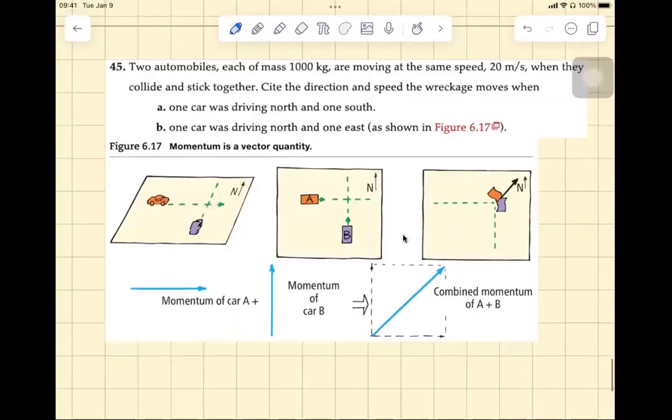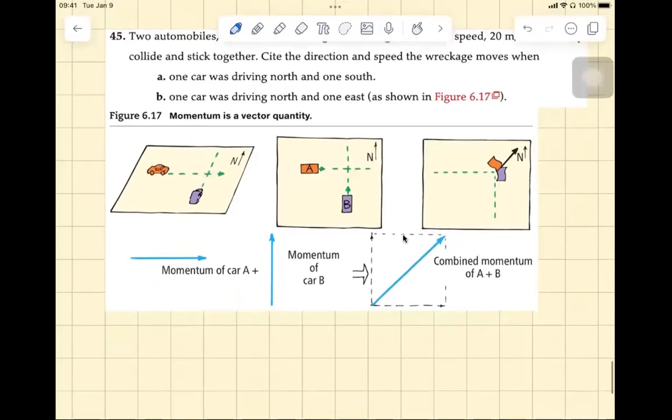Now this is one where it's non-linear. You have 2 automobiles, each of mass 1,000 kilograms, moving at the same speed, 20 meters per second. When they collide and stick together, cite the direction and speed of the wreckage.